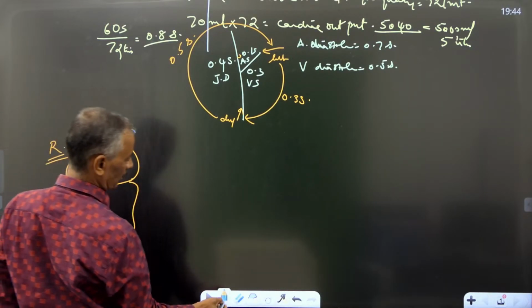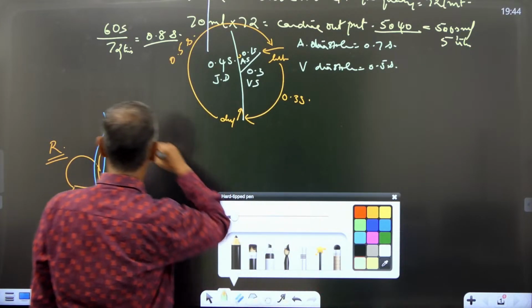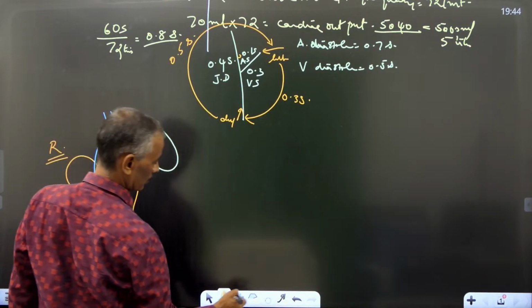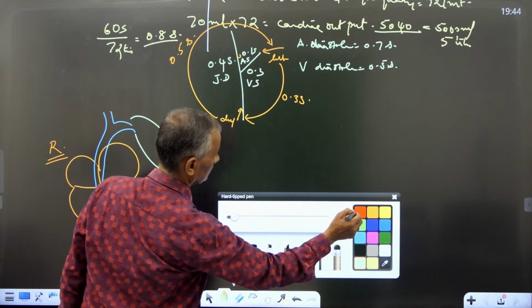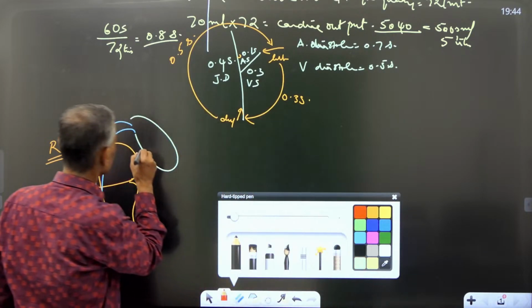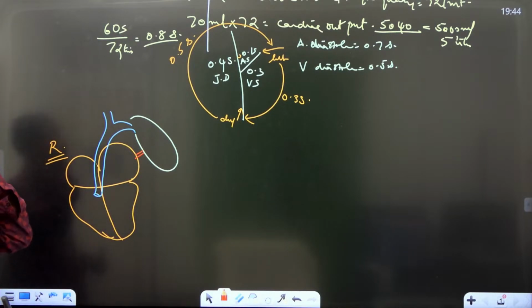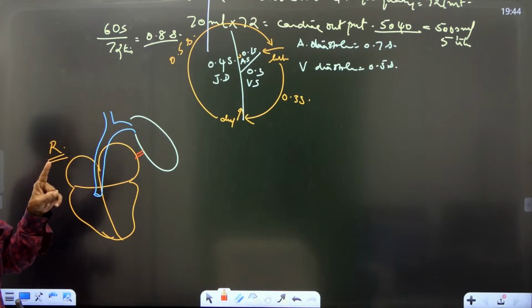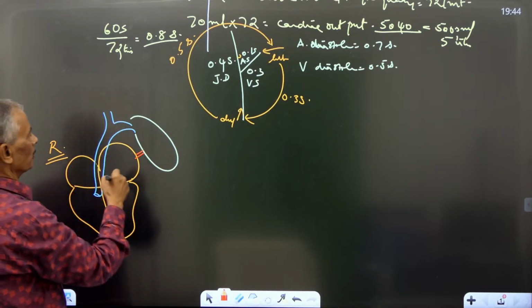And after oxygenation, that blood is returning by pulmonary veins. These are the pulmonary veins.